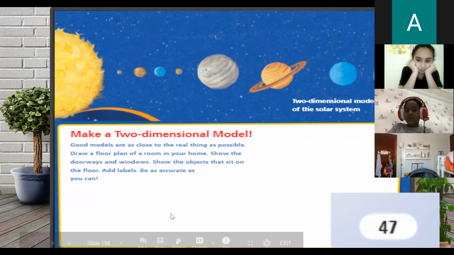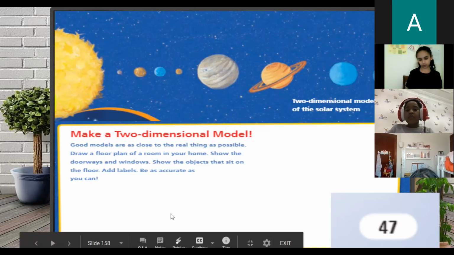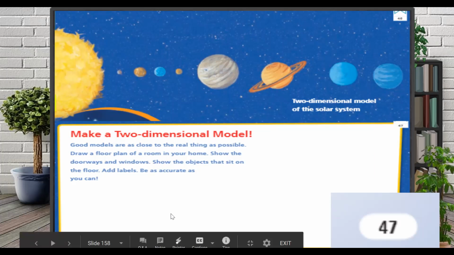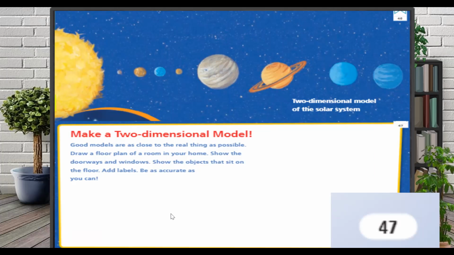Now open to page 46, please. Open to page 47, sorry, 47. As a homework, I want you to draw for me a two-dimensional model. By tomorrow in our class, I want to see it. Okay, my dear?